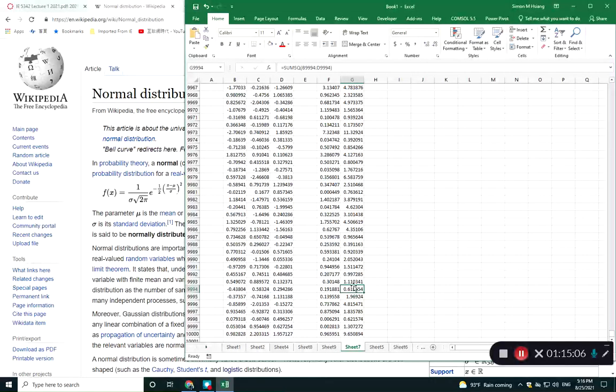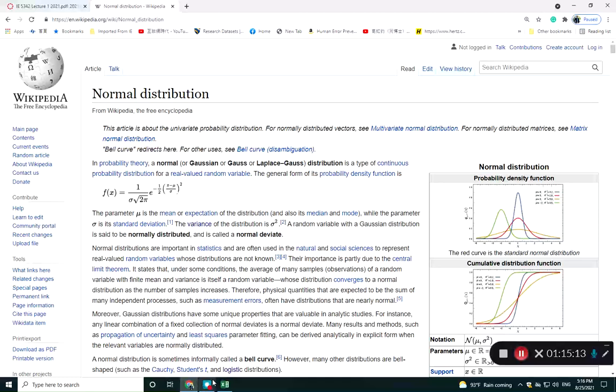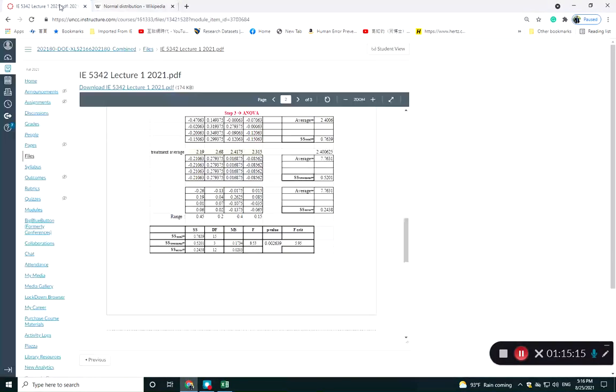So why we want to talk about this is for the following reason. When we build our ANOVA table, remember I have some error term. The error term is what? A bunch of squares, right, divided by the average.